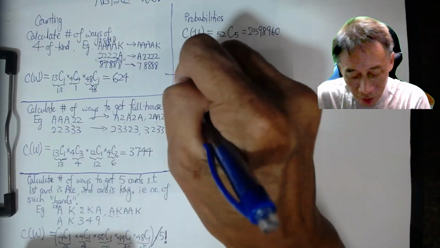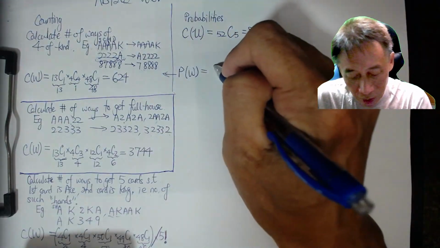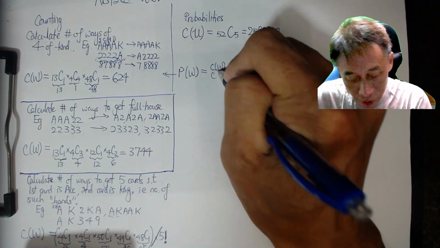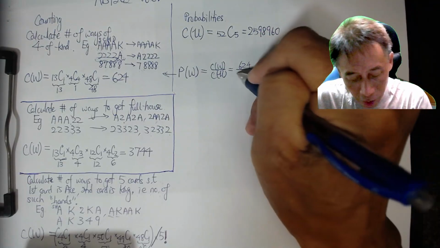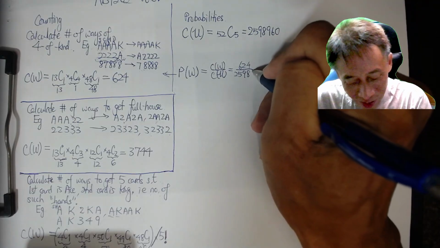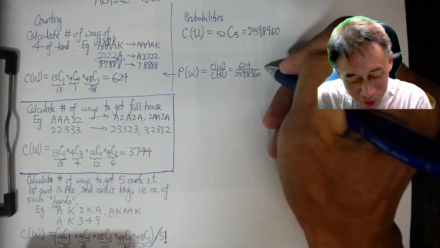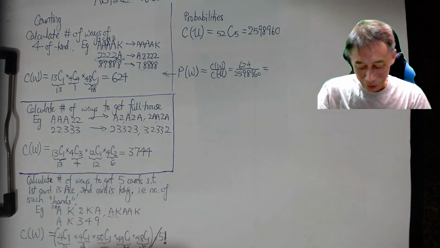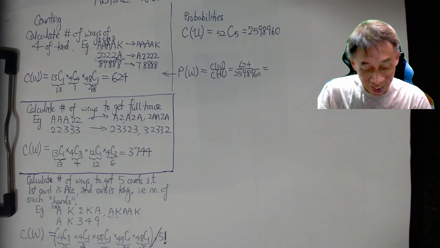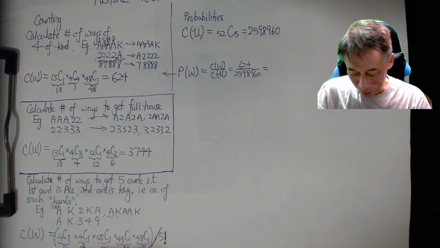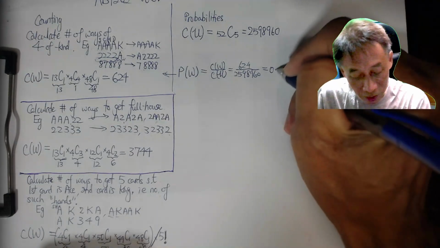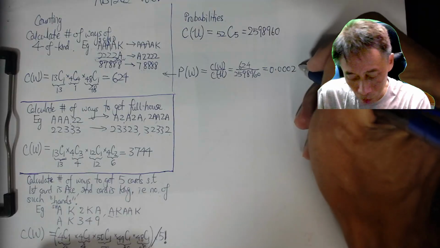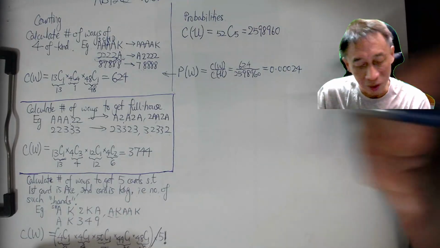So for this, the probability is C of W over C of U, and that is just 624 over 2,598,960. So wow, very, very small. To standardize it, it is 0.00024 and then 0096, but that's enough.